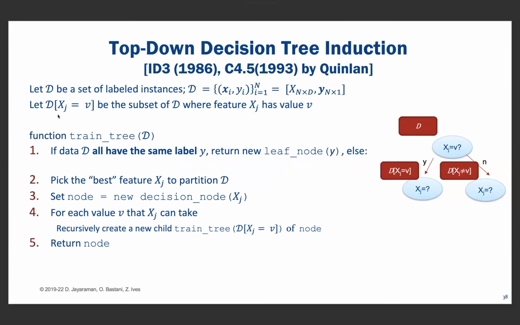For example, we want to build the branch for the value of one of the features equal to nu. We build 2 leaves, picking the best feature to define a partition, setting up a new node divided by the value of this feature.